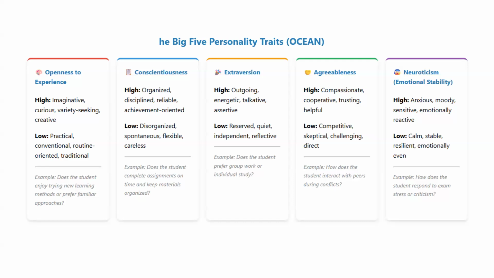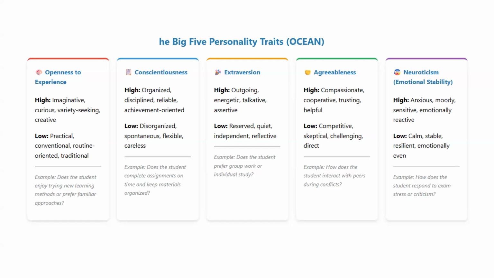Spontaneous, flexible, careless: they are not careless. I mean, they are careless. Yes, actually, sorry, the low ones are careless. For example, does the student complete assignments on time and keep material organized? It tells us something about the student's emotion or personality.